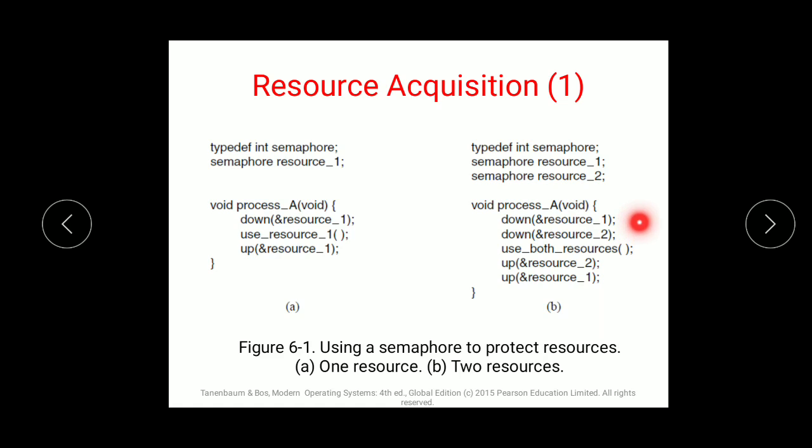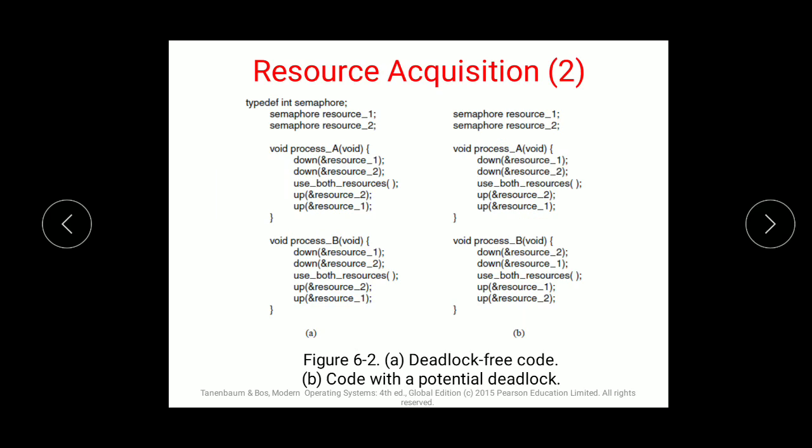Down both the resources, that is, acquiring them, use both the resources, and then up resource 2 and 1, whichever resources you are using. See, they have taken it vice versa for release: they acquired 1 and 2, and then released 2 and 1. So this is the use of releasing and acquiring resources in your deadlock situations.